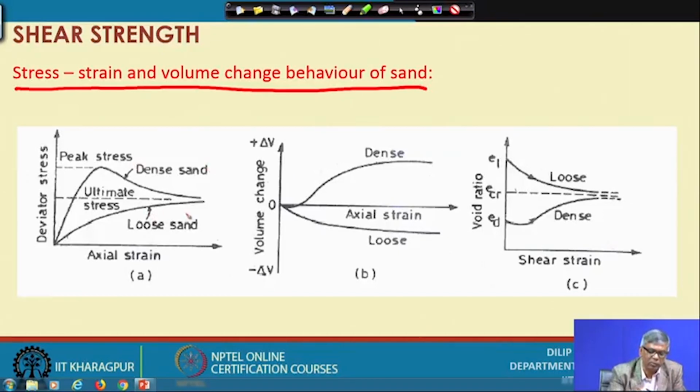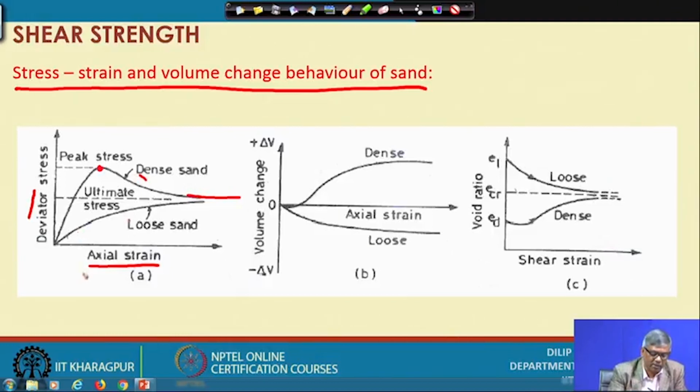If you test an extremely dense sand and plot deviator stress versus axial strain, the sand reaches a peak at a certain value of strain, then decreases and reaches a constant value after a significantly high strain. This is called the ultimate stress of that sand.